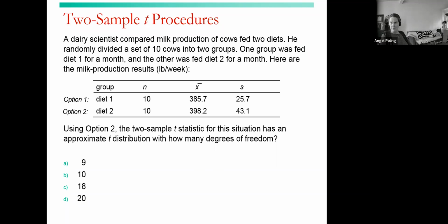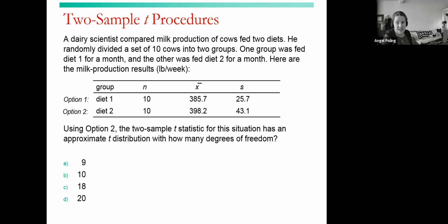So here we're with those cows again, and still with the same chart, I believe, at least the standard deviations are the same. Using option 2, which is our option, what would be the degrees of freedom, right? So n1 minus 1 is 9, right? The sample size for the option 1 group is 9.